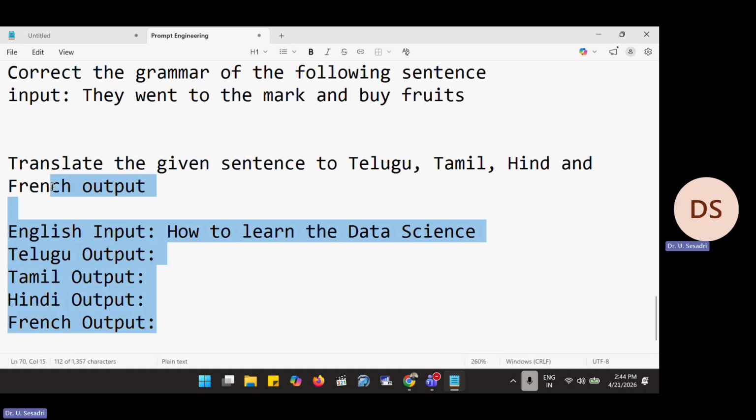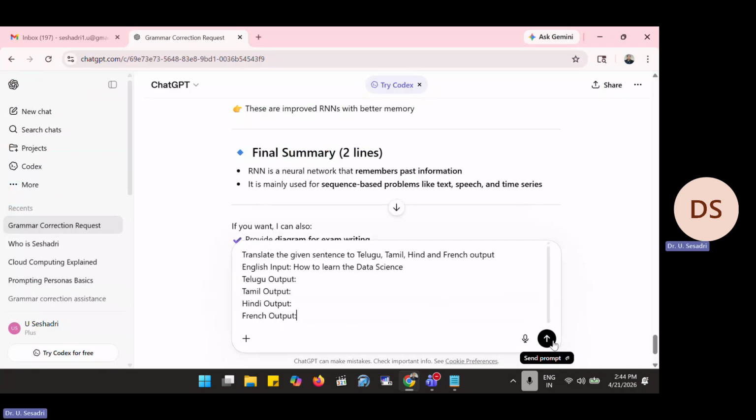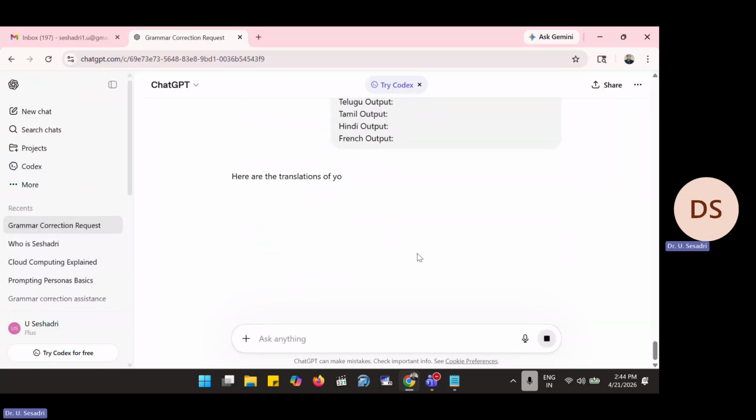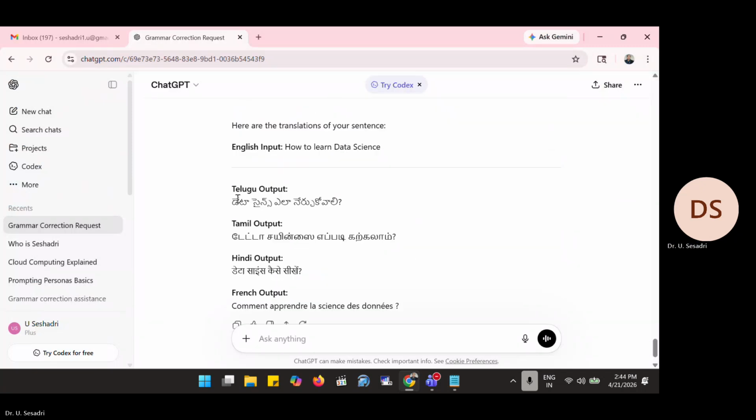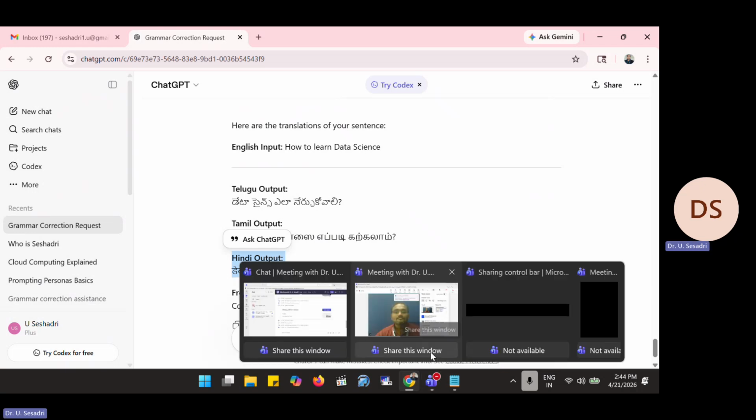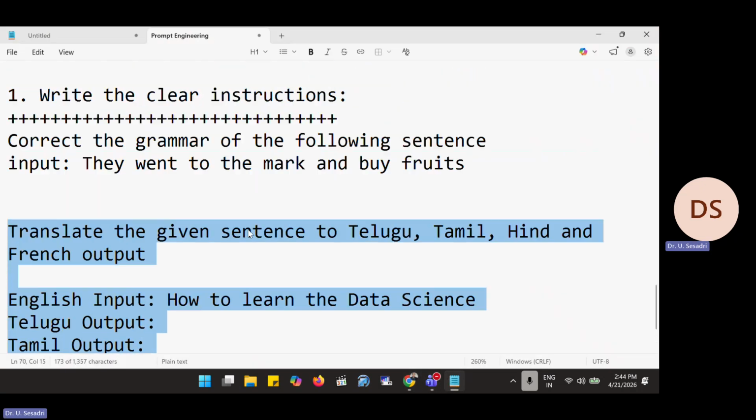This is the instruction I'm giving to the AI. See that? It's translating. This is the English sentence, and it converts it to Telugu, Tamil, Hindi, and French. That is, we give very clear instructions. We have to write clear instructions. Those are some examples I'm representing.